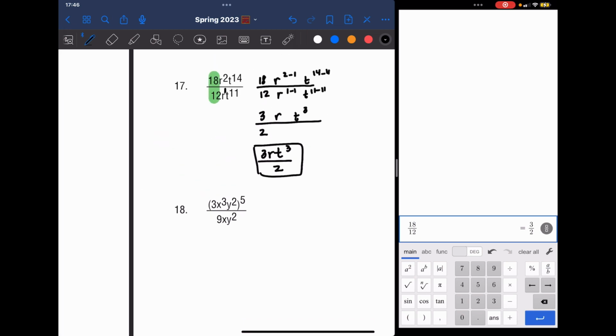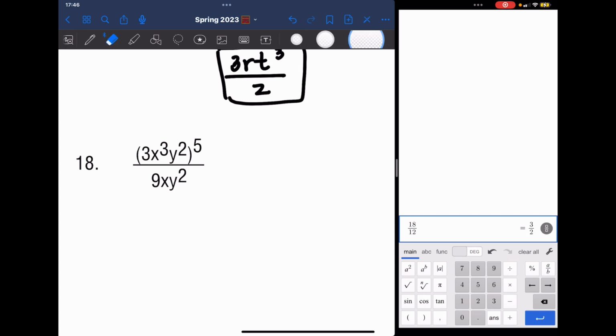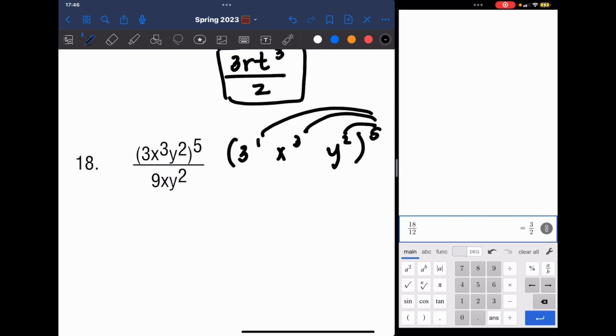Number 18, we have to distribute that 5 into each term of the numerator. So I'm going to expand this: 3 to the 1st, x to the 3rd, y to the 2nd, all that to the 5th, and that gets divided by 9x to the 1st, y to the 2nd.